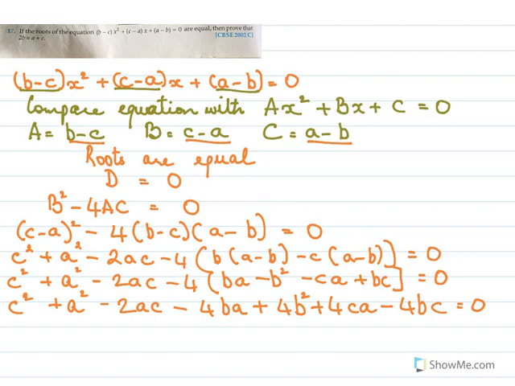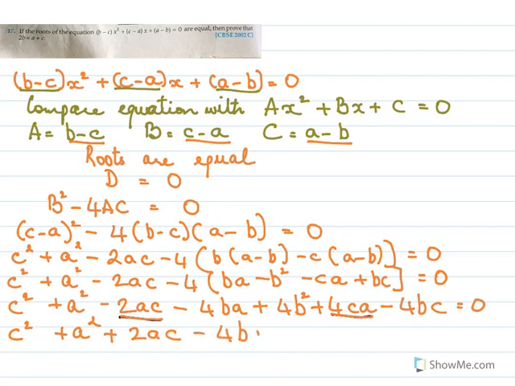Let me look and see if there are any like terms here. And yes, there are. There's ac here and there is ac here. So I put them together. So here I have c square plus a square. Now minus 2ac here and plus 4ac here will be plus 2ac.